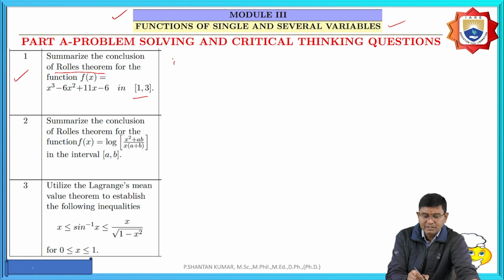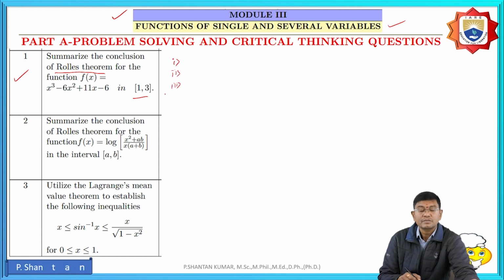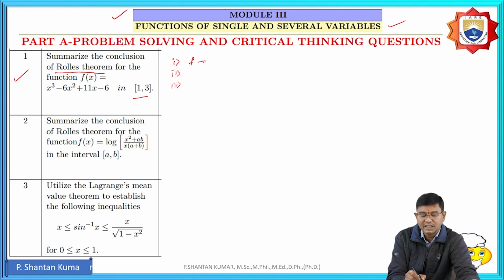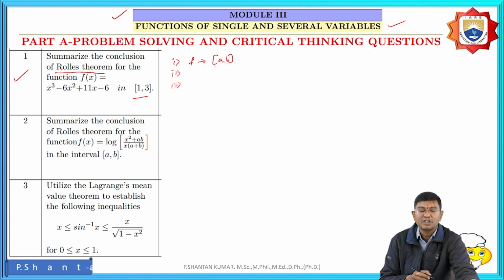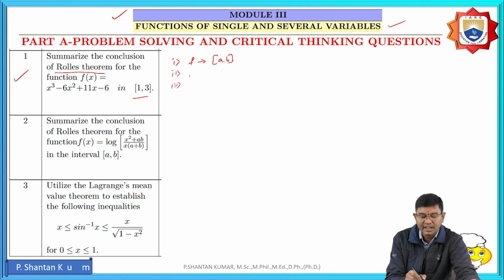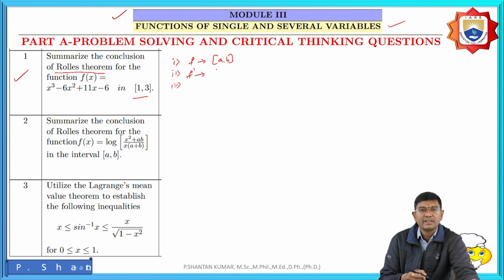Here we need to remember the first, second and third conditions. That means f is a function on the closed interval a comma b. Is it continuous or not? It is clearly continuous. And again, f is derivable, that is, the derivative exists under the open interval a comma b. After that we need to check whether f of a is equal to f of b.